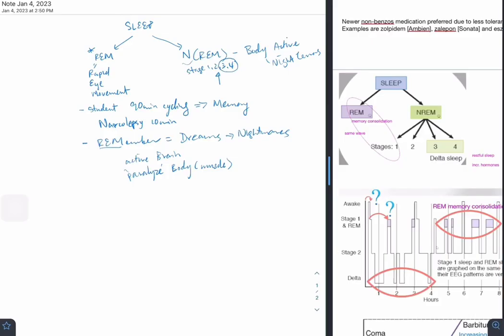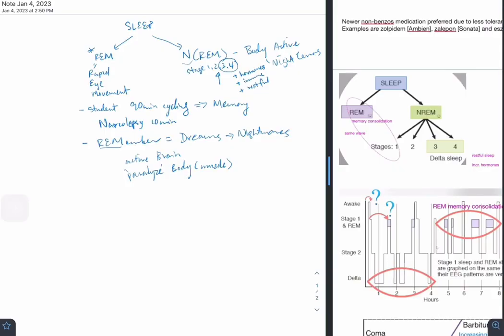The reason is at 3 and 4, you have hormones produced to repair your body. You have immune boosting. And if you're able to complete up to 3 and 4, your sleep is very restful. If you don't complete stage 3 and 4, you will wake up feeling like you've been hit by a truck.